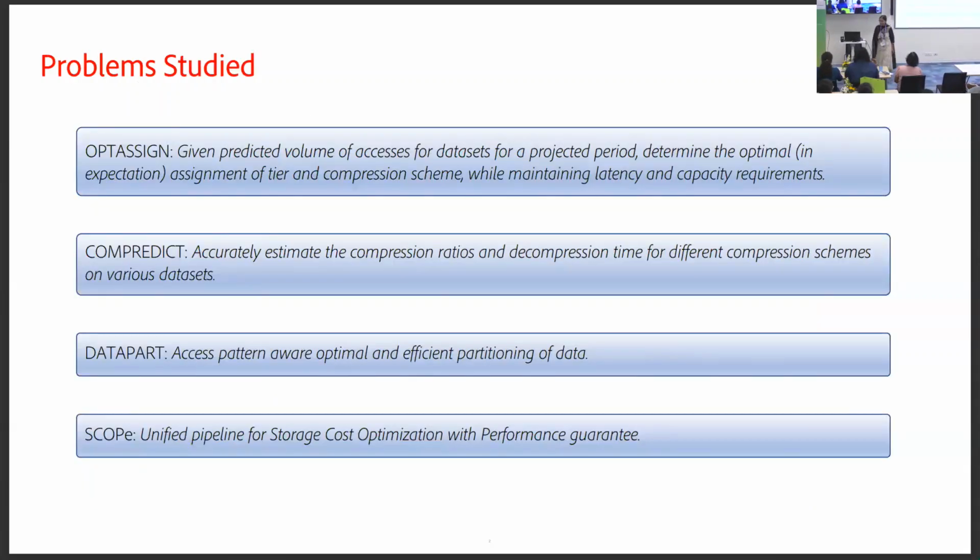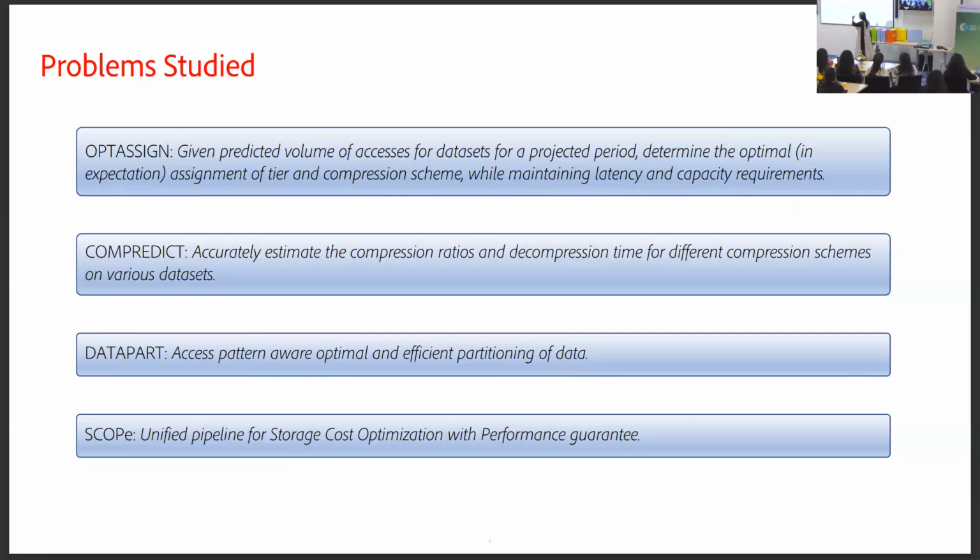So in this work, we tried to come up with some non-imaginative names for the different problems that we studied. Here they are. OptAssign: given that we have a predicted volume of accesses for our data sets for a given period, can we determine the optimal assignment of tier and compression schemes while we maintain all the latency and storage capacity requirements?